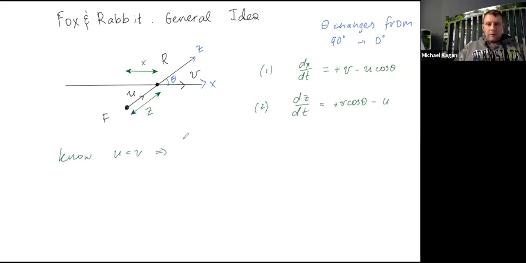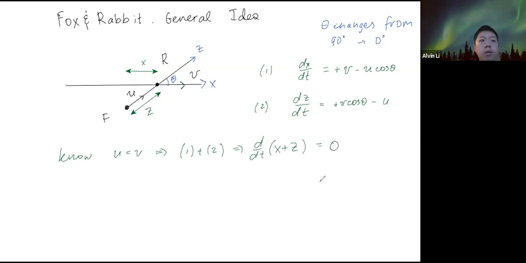Exactly. So if we add these two equations, what do we get? We get d/dt of (x plus z) equals 0. Yep. What does it tell us?